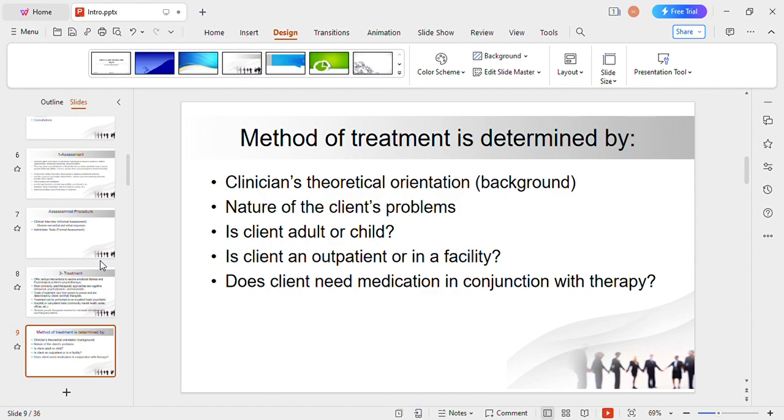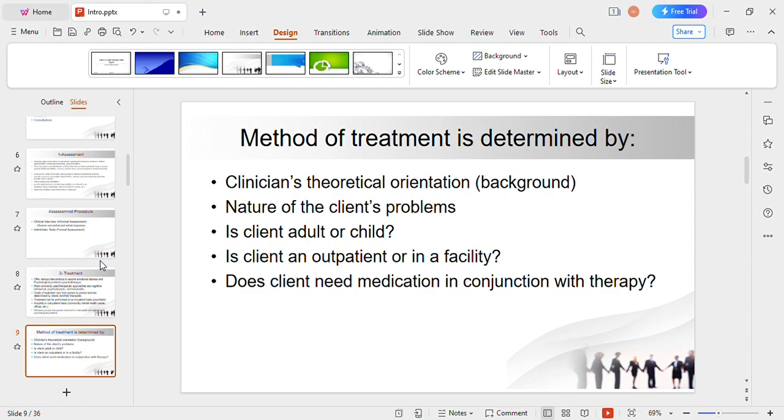So the treatment method depends purely on theoretical orientation. Furthermore, it depends on the client's problem. If the problem is severe, different types of therapies will be used. If the symptom severity is minor, again a different set of therapy will be used.